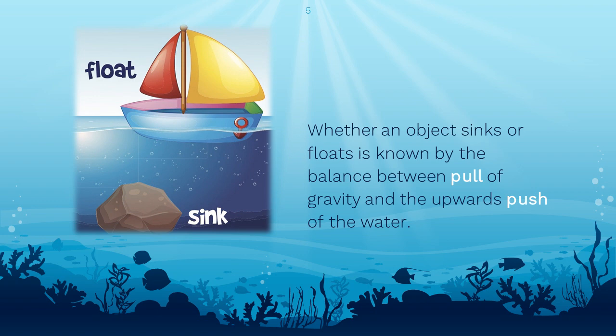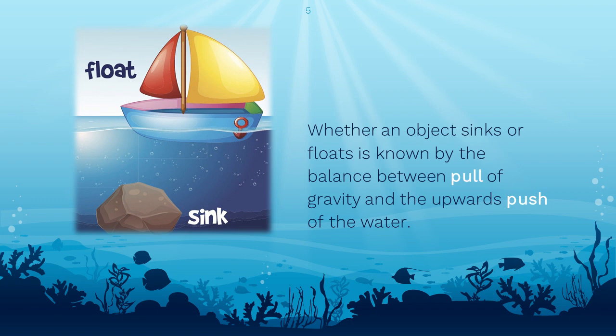That's why there is no gravity in space. You can see things and people floating because the gravity force is missing in space. The earth has that gravity force. So the pull of gravity and the upward push of the water creates the balance of float and sink.